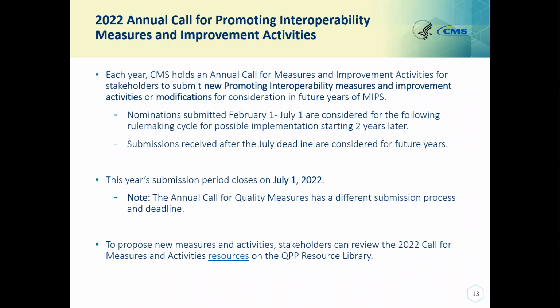As we continue our rulemaking cycle every year, things submitted this year are possibly implemented starting not until 2 years later, so it's always this delayed timing. Submissions received after that July deadline are considered for future years. Again, this year's submission period will close on July 1st.